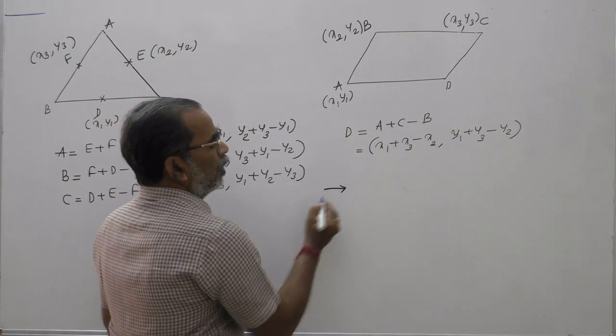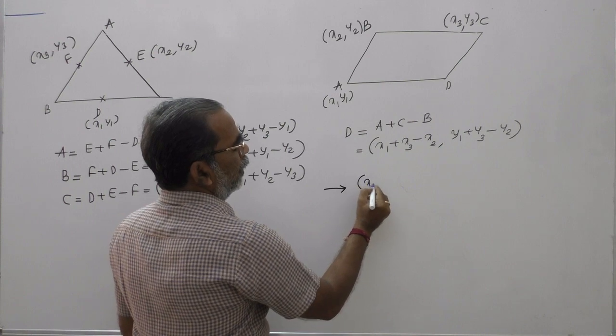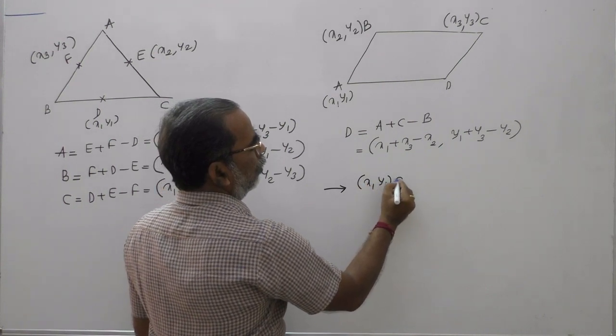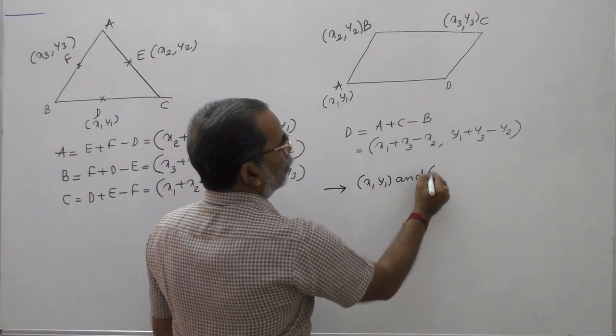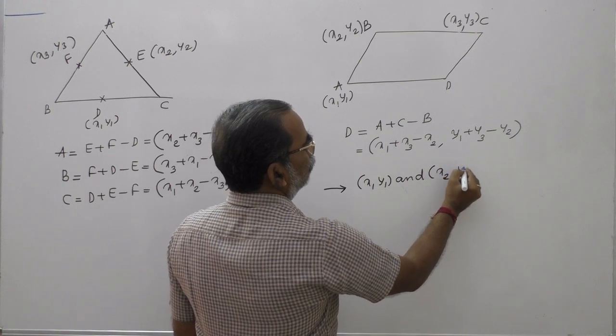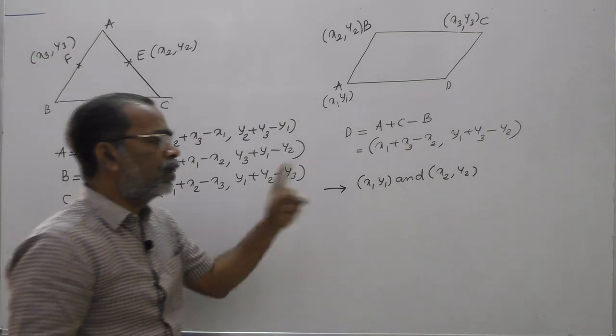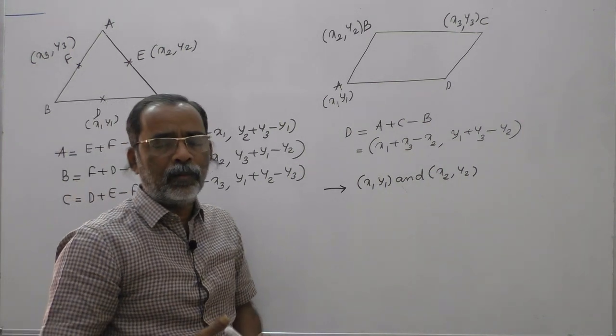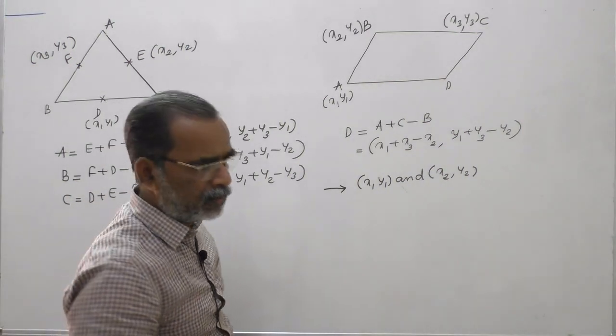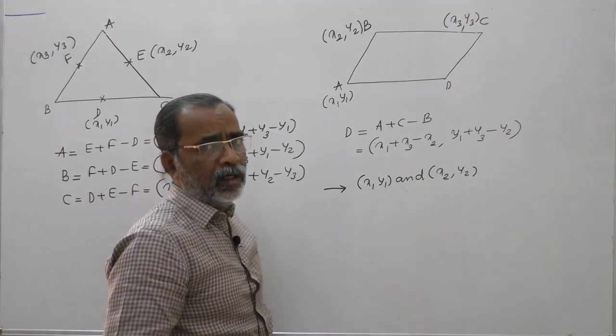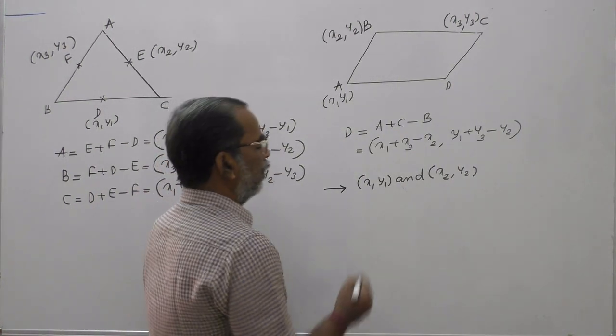Please listen. If a line segment is given joining (x1, y1) and (x2, y2), and this line segment is divided by the x-axis and y-axis, we will see in what ratio they divide it.